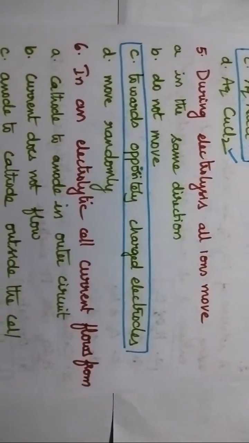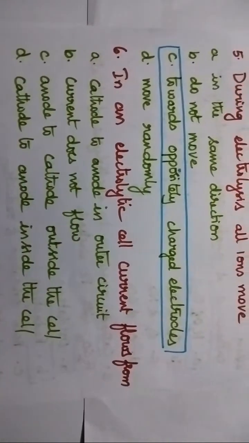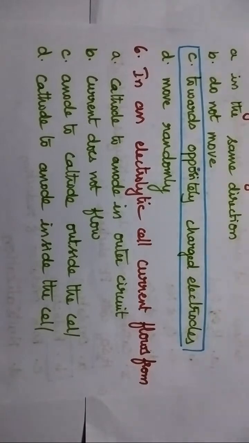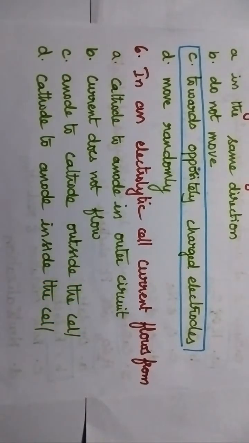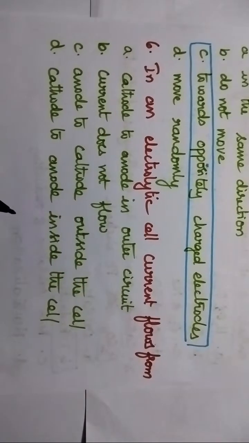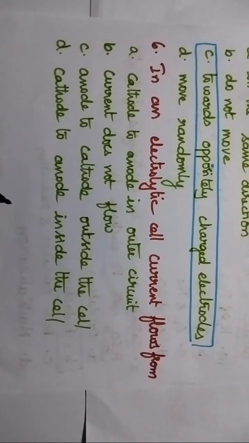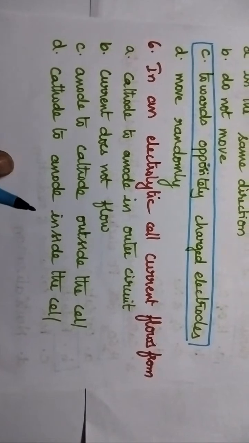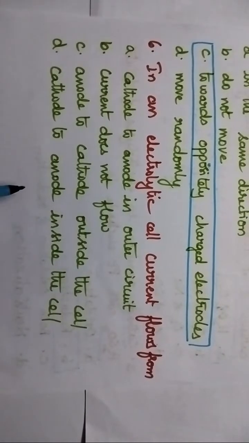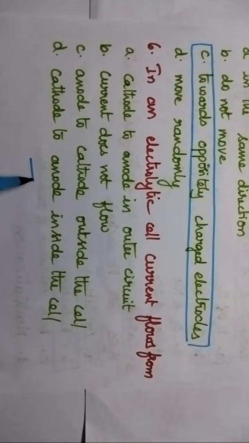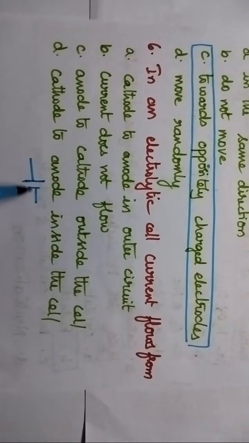So, moving to the sixth question. In an electrolytic cell, current flows from. Here I will explain in a simple manner. In an electrolytic cell, in general, a battery will be connected.